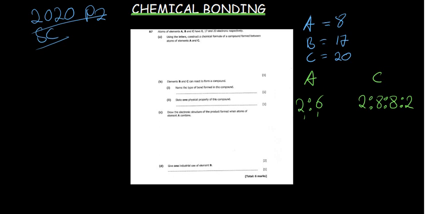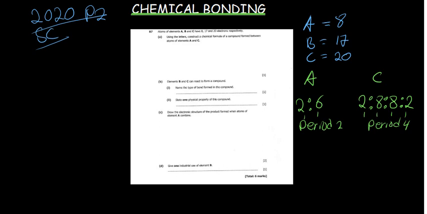So this one has how many shells? 1, 2, 3, 4. So this one is in period 4. This one is in period 2, because of the number of shells. So when you're finding the period, just count the number of shells. When you want to find the group, just look at the valence electrons.